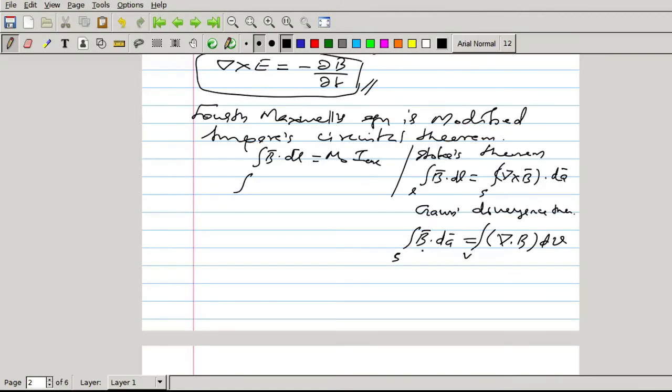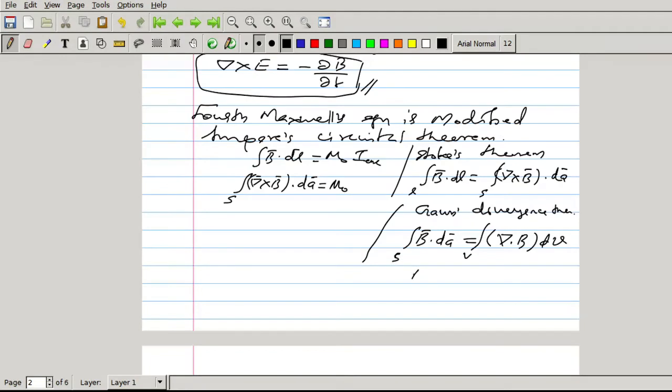So this is the volume integral. Using the Gauss divergence theorem, we change the surface integral into a volume integral. Using Stokes theorem, we change the line integral into a surface integral. So here the line integral becomes the surface integral del cross B dot dA, equal to mu 0 times the current enclosed by the path.